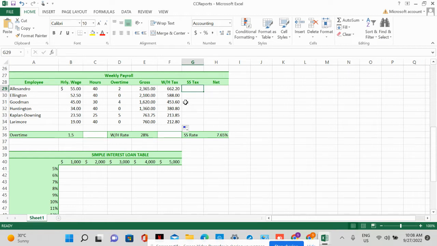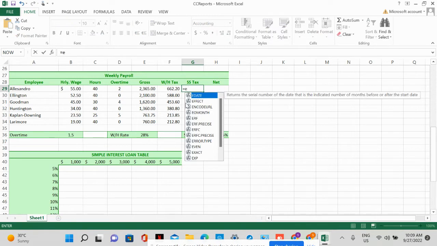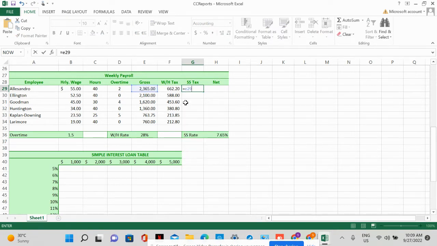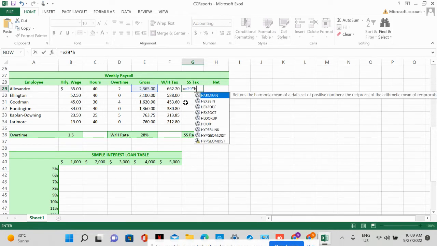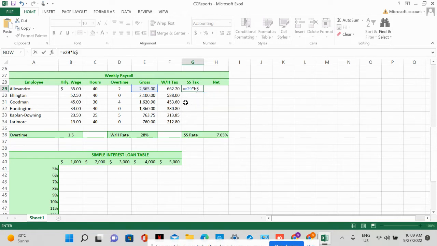So we will type our formula in G29, and the following formula that calculates the amount of social security is E29 multiplied by H, absolute, 36, and then hit enter.